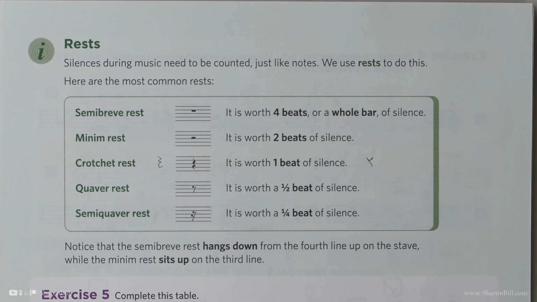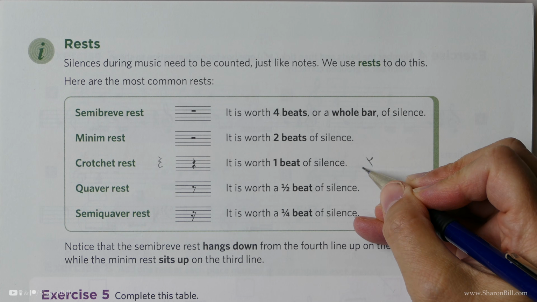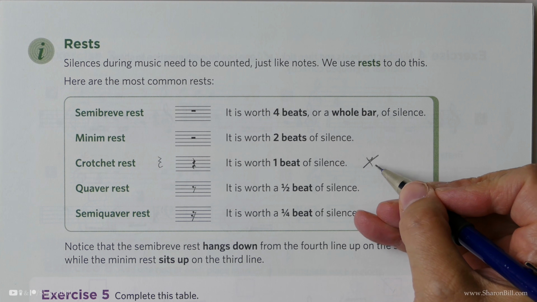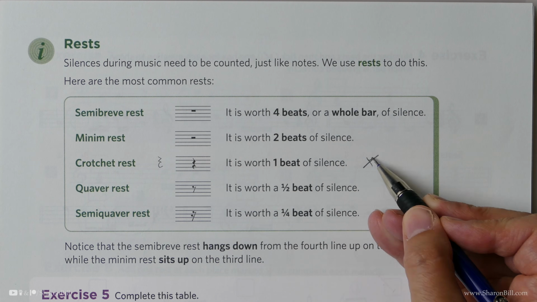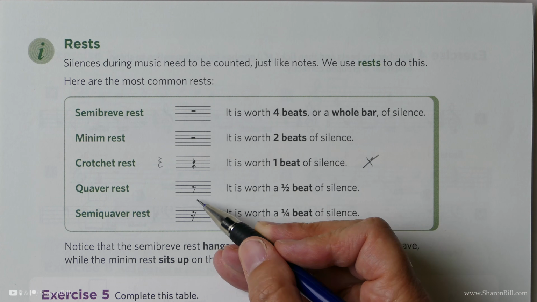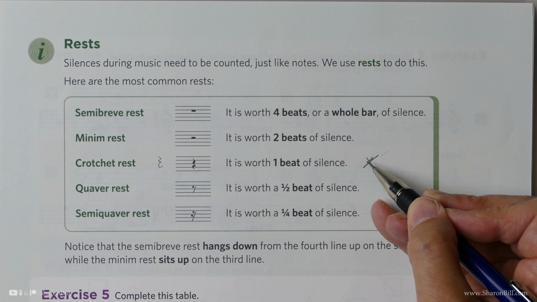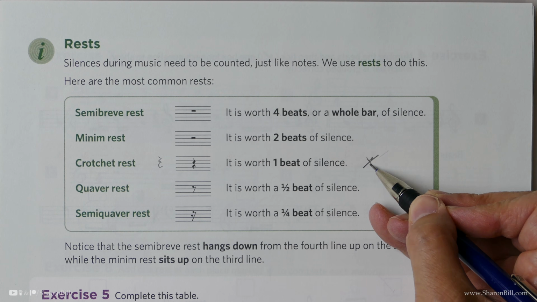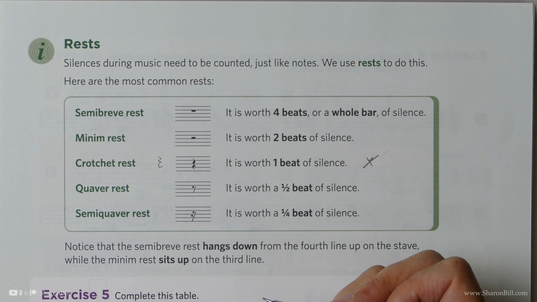And you might see some old music with that written on it. However, nobody uses that now, because I think perhaps it's too easily confused with this quaver rest, this half a beat rest. You can see it's just the other way round. So nobody uses that. But if you see it in a piece of really old music, you might wonder what that is. So we just use this symbol now as a rule.